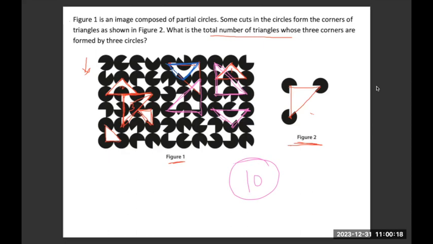Here, how will it be 11? Can you explain? Yeah, please draw on the screen. So that one.